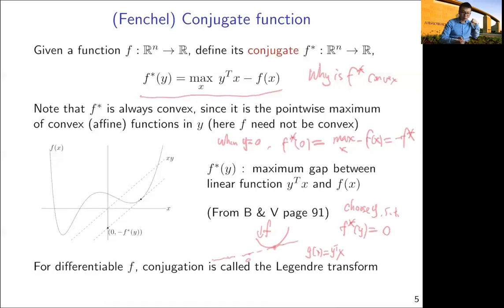So this is a supporting hyperplane of the epigraph of this function f, whenever the conjugate function is equal to 0.